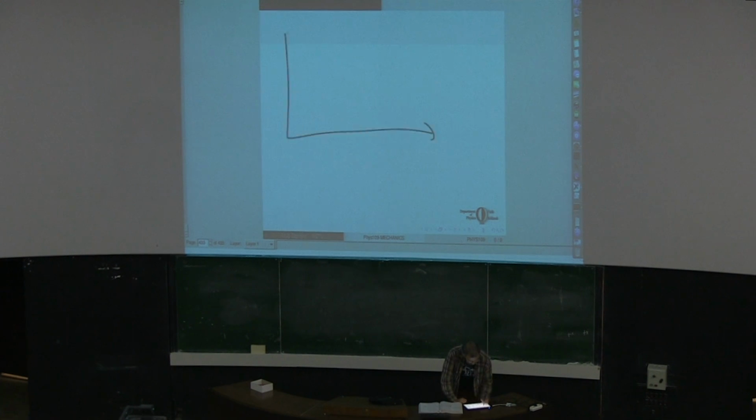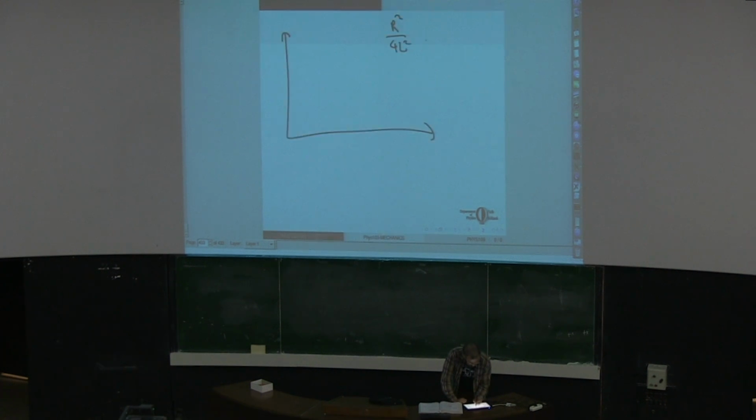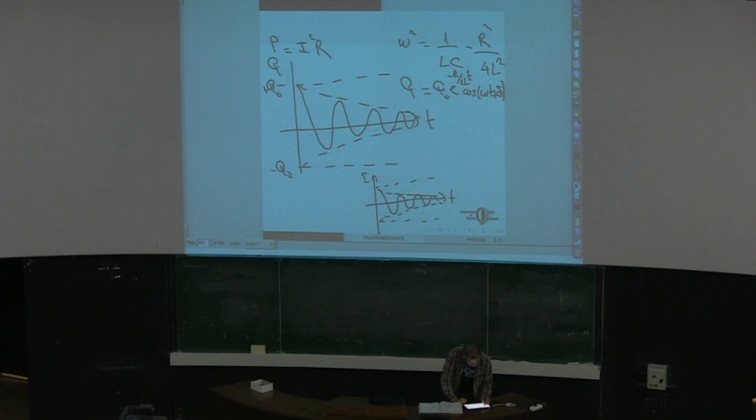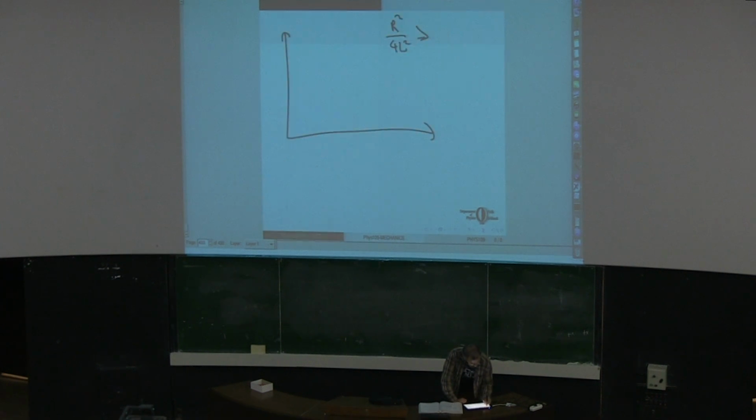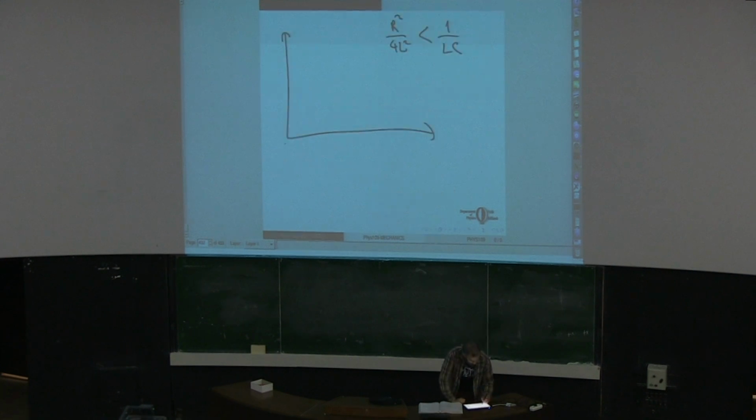Let's see, if R squared over 4L squared is smaller than 1 over LC, then we know that omega squared is positive, as it should be. So this is the description we have. The charge as a function of time will be oscillating up and down, and it will be damped.